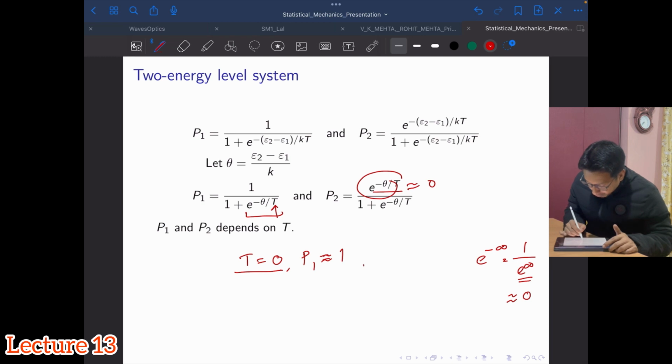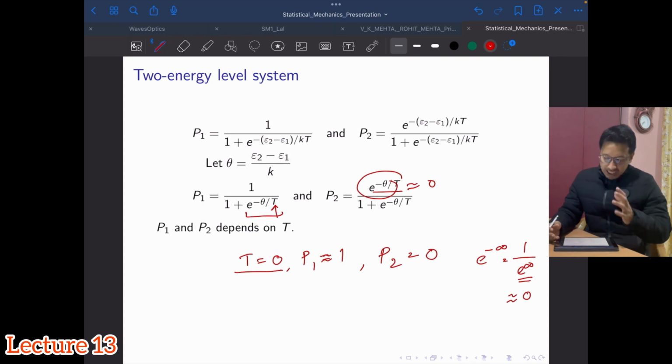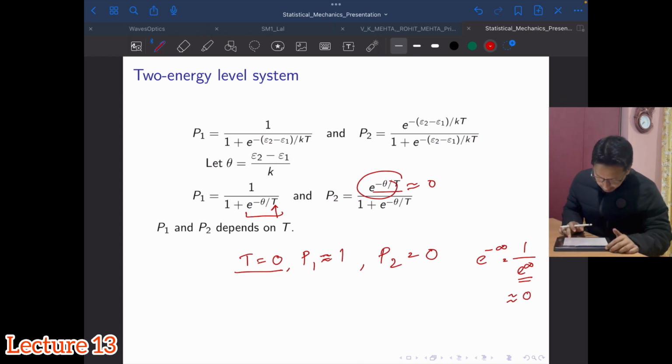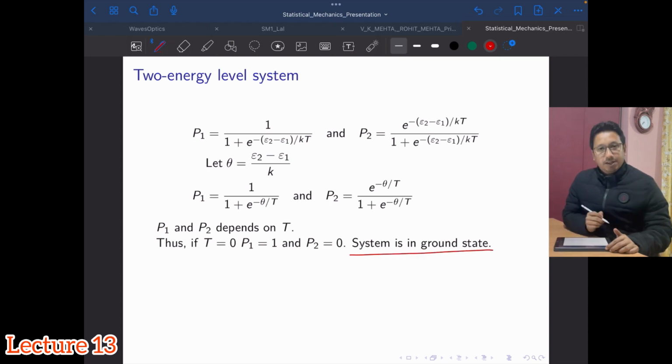So P2 will be equal to 0, or very negligible, a pretty small number nearly equal to 0. So at temperature T equal to 0, the probability of occupancy of the E1 state, also called the low energy state, is higher compared to the high energy state. It's almost 1. You can talk about the system being in the ground state.